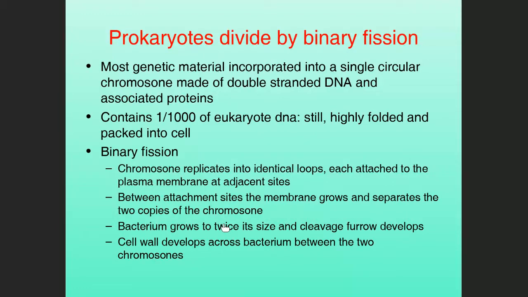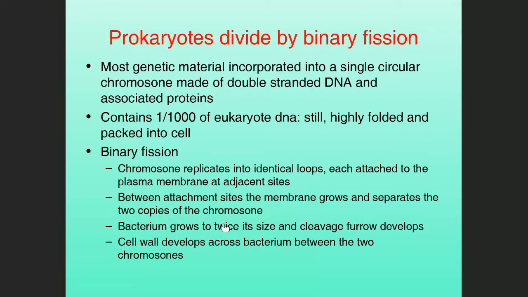If there are 1000 genes present in the eukaryotic DNA, then only one gene will be present in the prokaryotic DNA. If the size of the eukaryotic DNA is 1000 nanometers, the size of the prokaryotic DNA would be 1 nanometer. This is the size difference between the DNA.